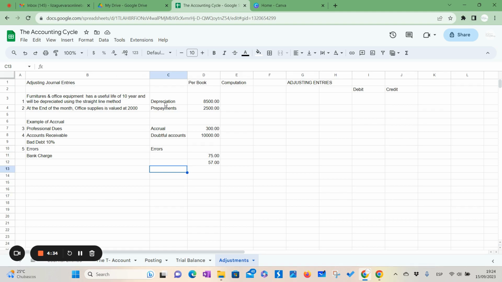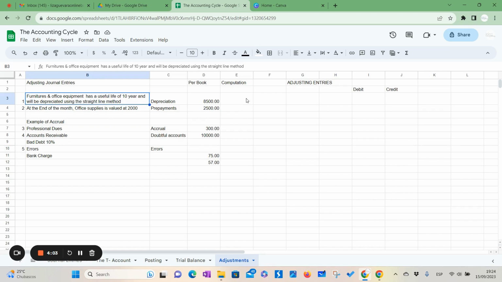For example, we have the depreciation of the furnitures and office equipment, and we have the prepayments of the office supplies. We are going to record the expense part of the office supplies, and additional examples for accrual, doubtful accounts, and errors.